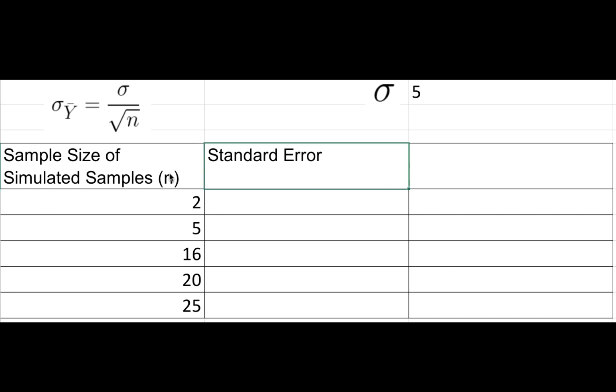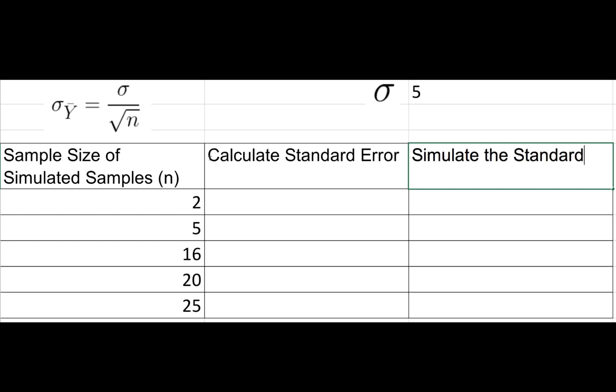And then we could also just directly calculate the standard error based on the central limit theorem. Then we could use our simulations to actually simulate the standard error, and we could compare and see, do you think the calculated standard error and the simulated standard error are going to be pretty close?